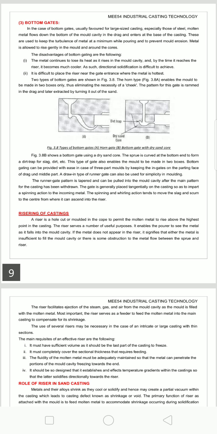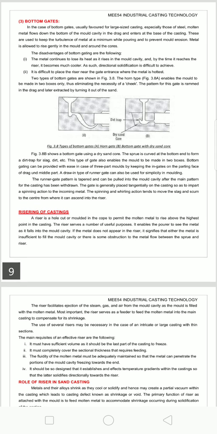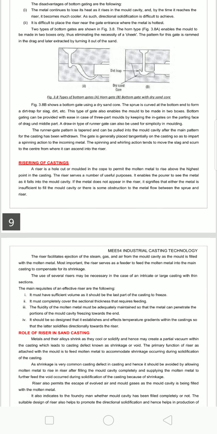The gate is generally placed tangentially on the casting so as to impart a spinning action to the incoming metal. The spinning and whirling action tends to move the slag, and thus it is sent into the riser. So these are the important gating systems that have to be designed at the time of design of casting for obtaining a sound or defect free casting.